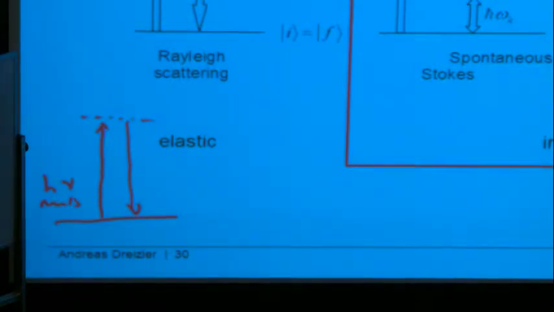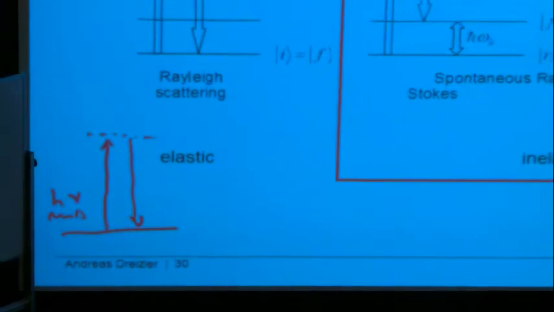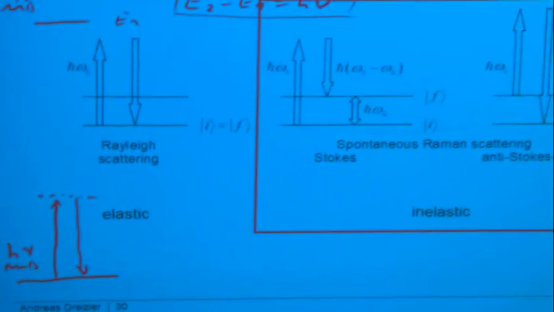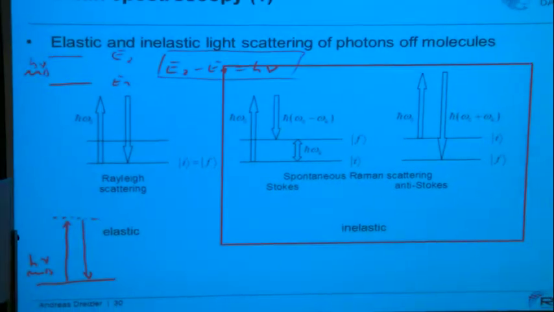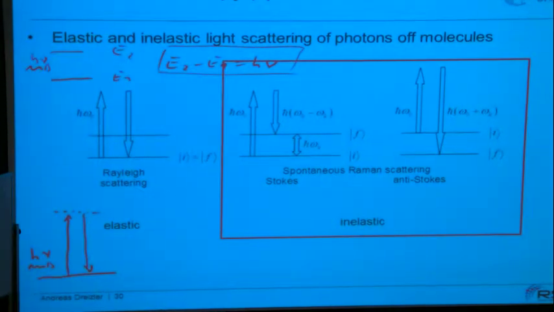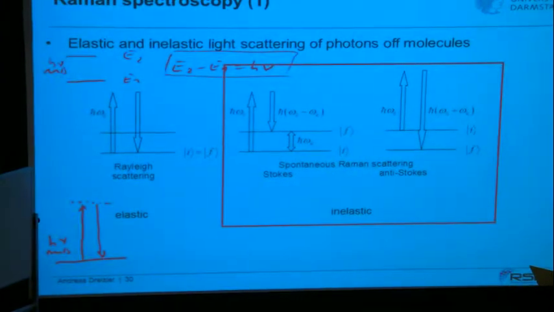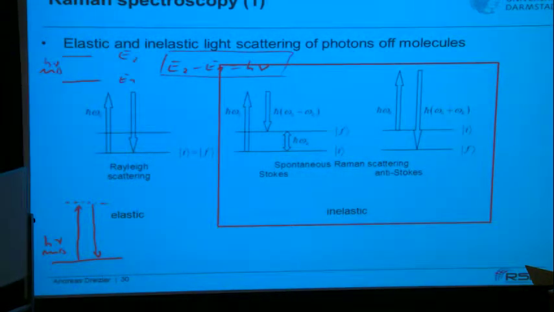And I tried to explain that when you have a wave, you induce a polarization. The molecule itself acts like a dipole, like a Hertz dipole, as a source of a signal, a radiation that is emitted away from that molecule and brings the system back to its initial state if it's an elastic scattering process.